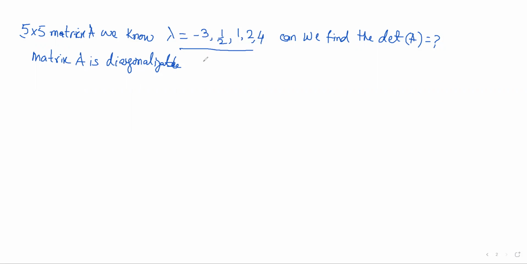Once it can be diagonalized, we can write this matrix as A equals P times D times P inverse.